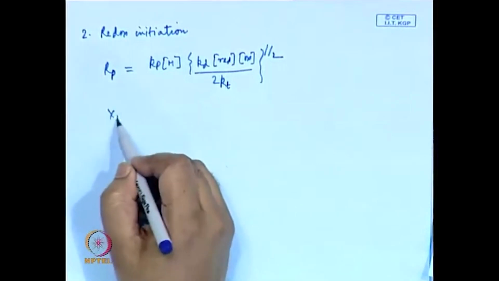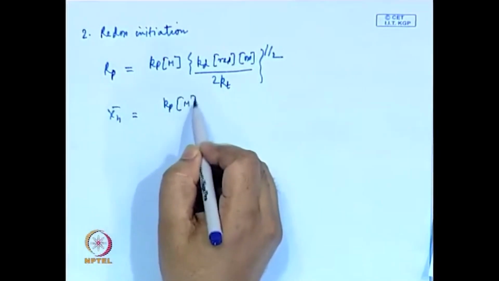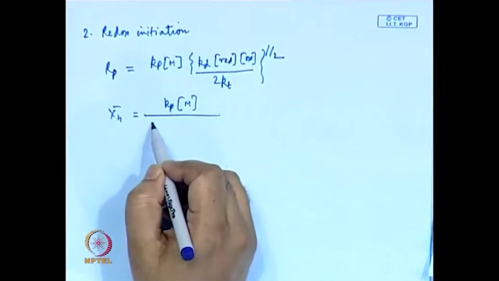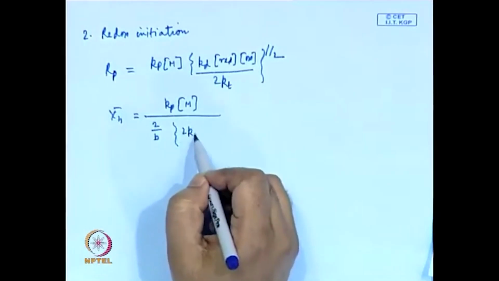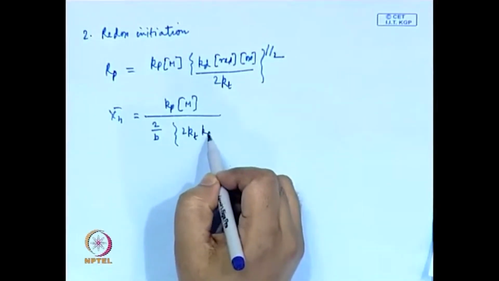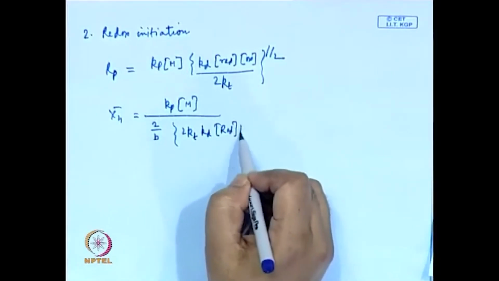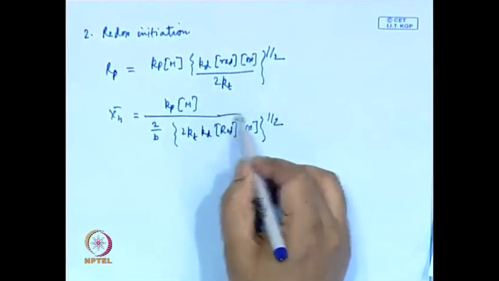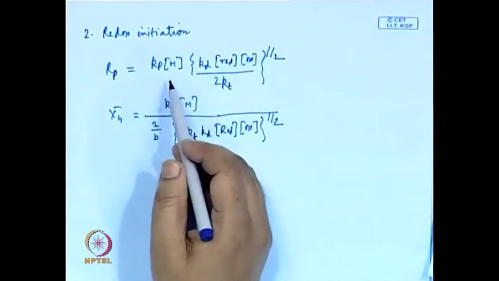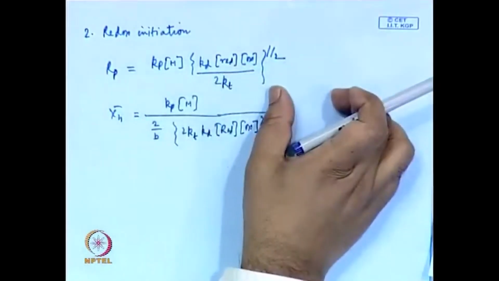and xn bar would give you Kp, m, over twice B, twice Kt, Kd, redox to the power half. Now, again you can break down this expression into two terms, one temperature independent and another temperature dependent.